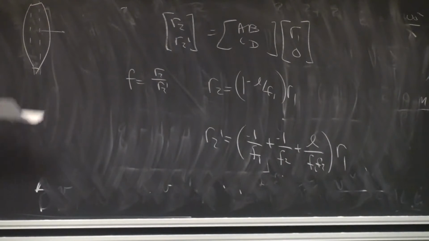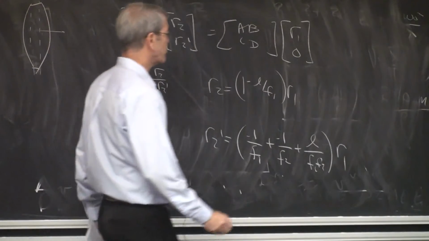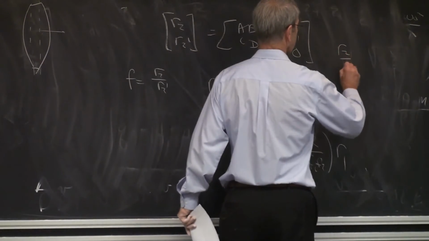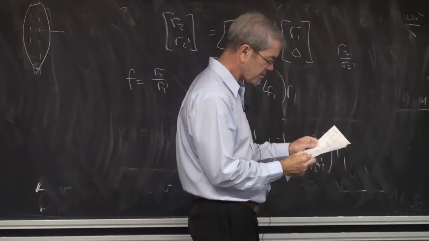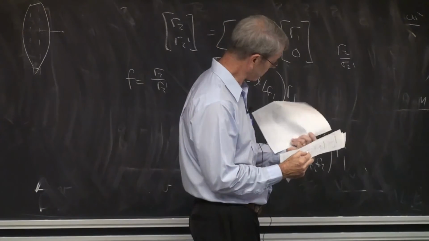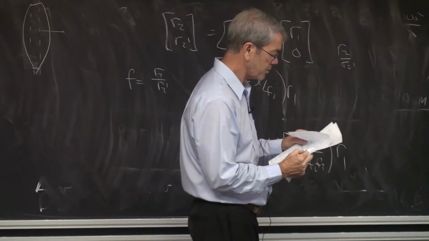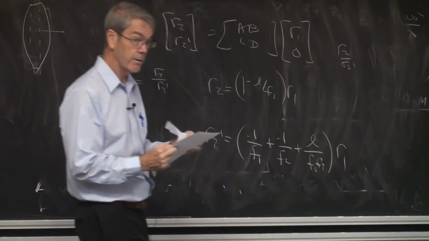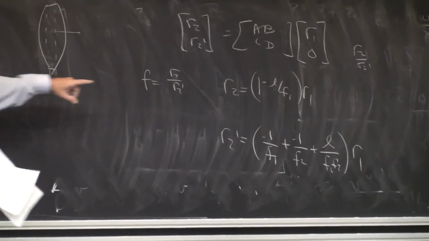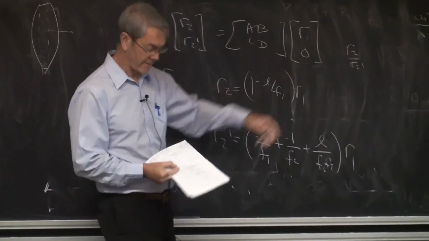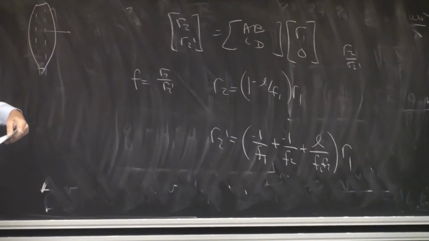If I take the ratio of that, I get the focal length. Taking R2 over R2 prime and simplifying a bit, I got a simpler expression somewhere here. That's for a ray that's coming in parallel, right? They came in parallel, that's why that's a 0. And oh, here it is. Okay.